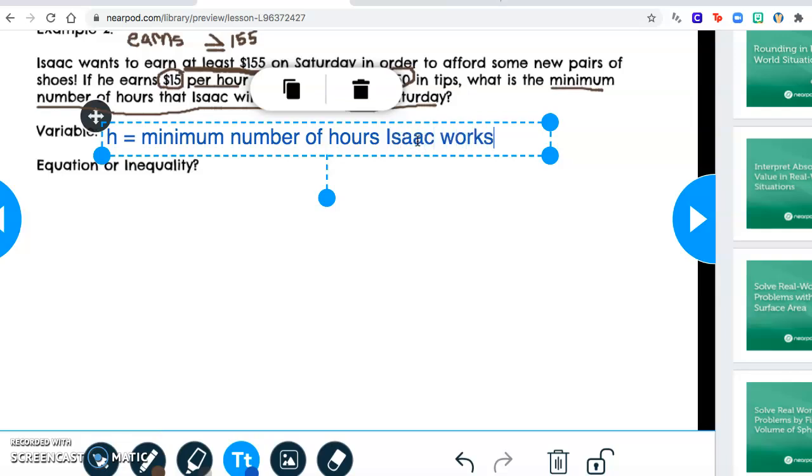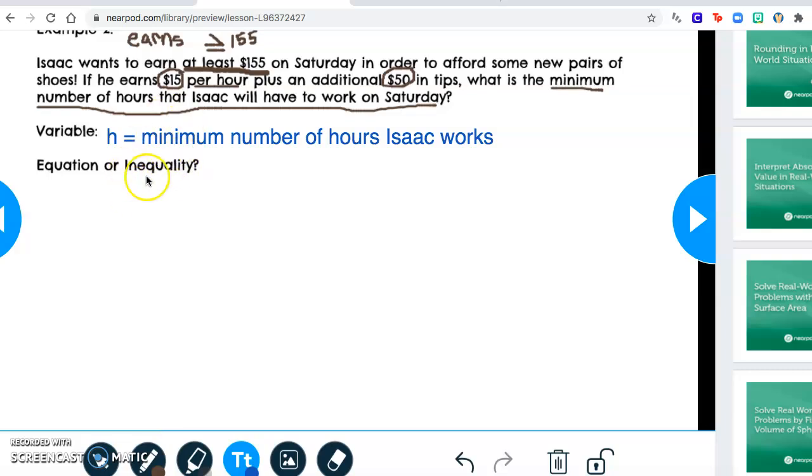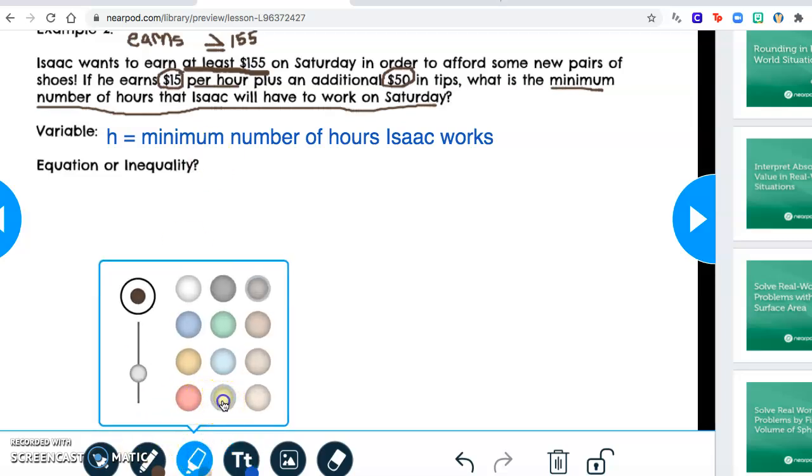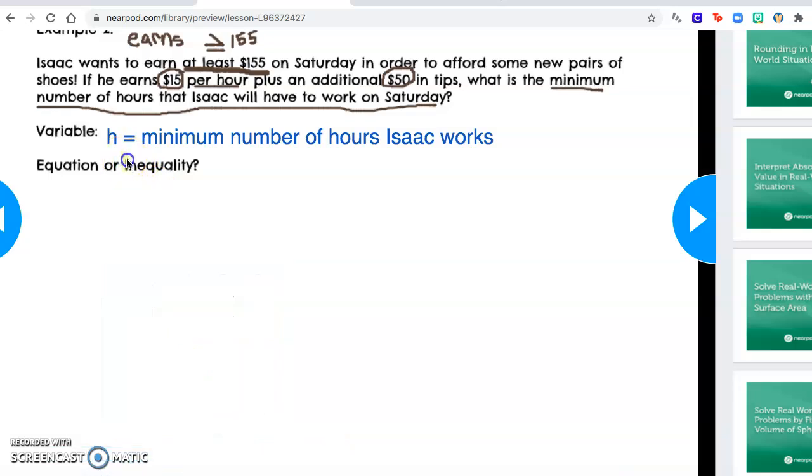H is representing what I have to find, what I don't have yet. We already talked about how this is an inequality because it's using words like minimum and maximum, and anytime it uses words like this, you'll know that that's an inequality already.